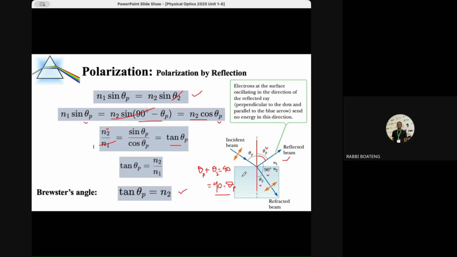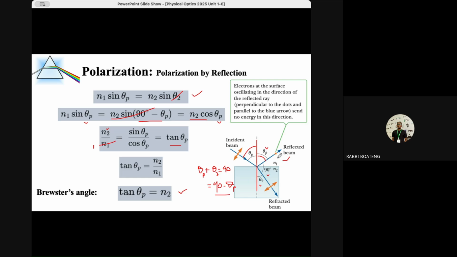So if I have a liquid or any prism and I know the refractive index, I can calculate the Brewster angle, position a beam of light on that sample at that incident angle, and get polarized light, which is very phenomenal.